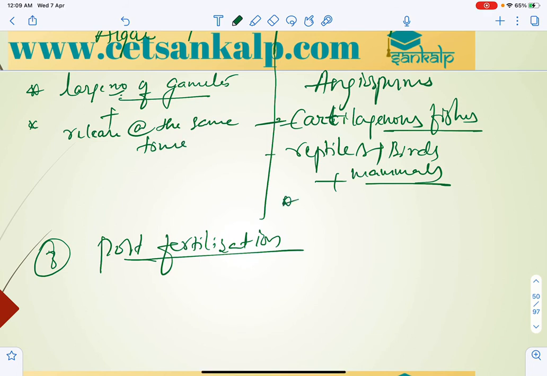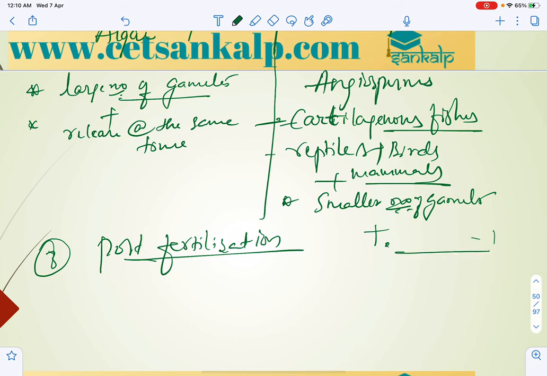A smaller number of gametes will be produced, and it is not necessary that they be released at the same time. It will vary, but here we can expect that when the ovum is present, only during that time the sperm should be released.